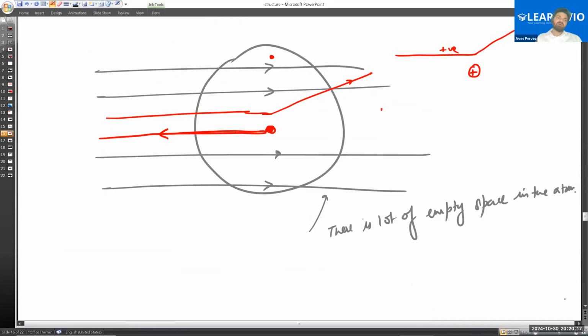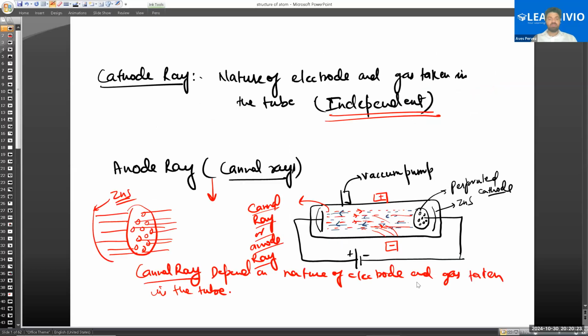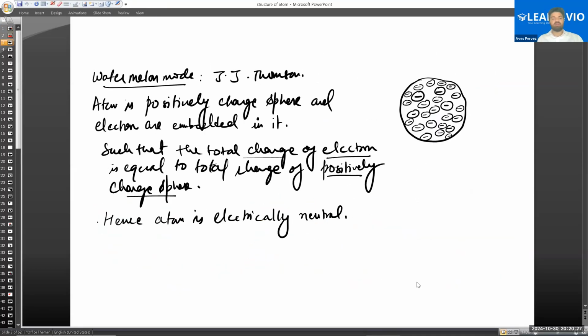Next, Thomson gives the plum pudding model for the atomic structure. Because now electron and proton were discovered by cathode ray experiment and anode ray experiment by different scientists, after the discovery of proton and electrons it was necessary to give the structure of how protons and electrons are embedded.